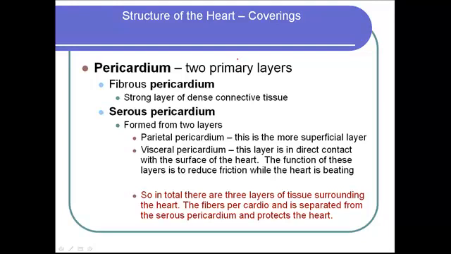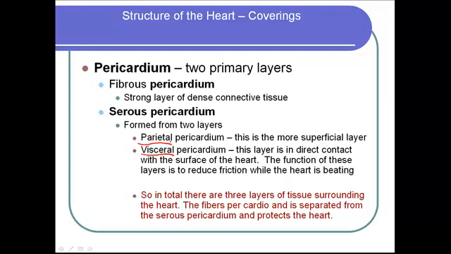Okay, the pericardium, two primary layers, the fibrous pericardium and the serous pericardium. This is very, very strong, and you can see it on the cadaver. The serous pericardium, you can only see the outer layer, you can't see the two layers. So the parietal layer is the more superficial layer, and the visceral layer is up against the heart surface itself.